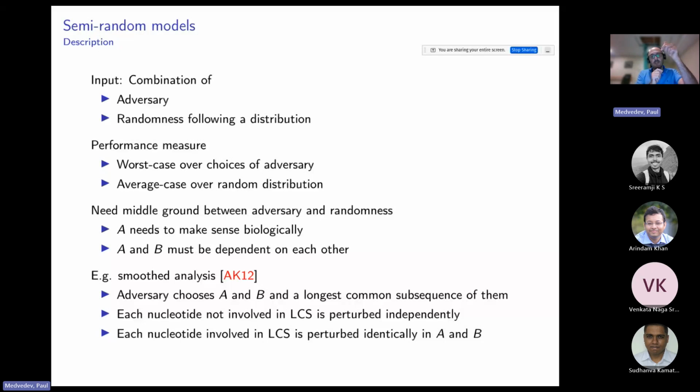So if you mutate something in A, you also mutate it in B. So you do this identical perturbation in the shared sequences. So this kind of captures some aspects of how these sequences come about in practice.